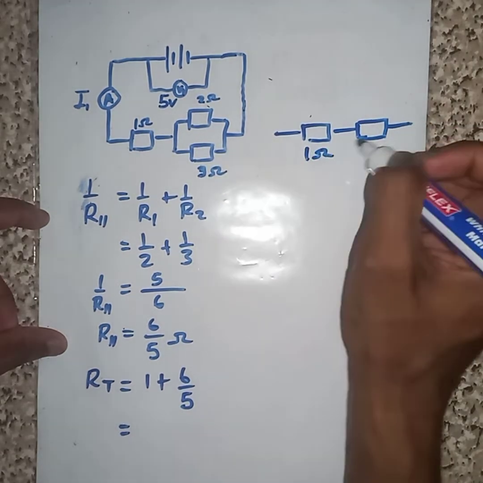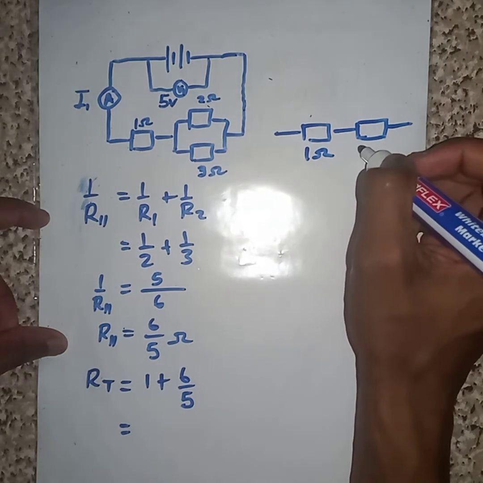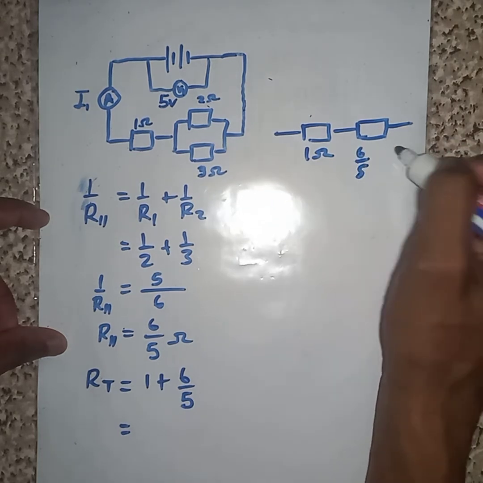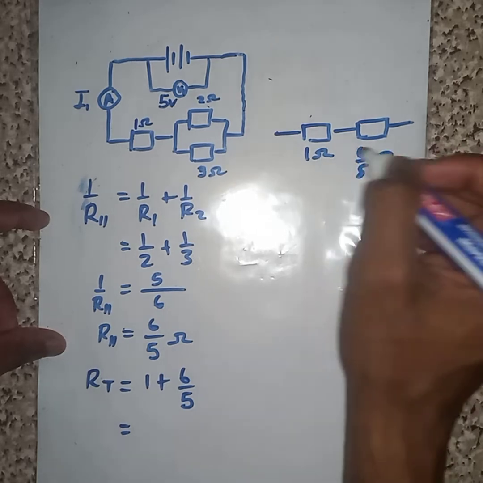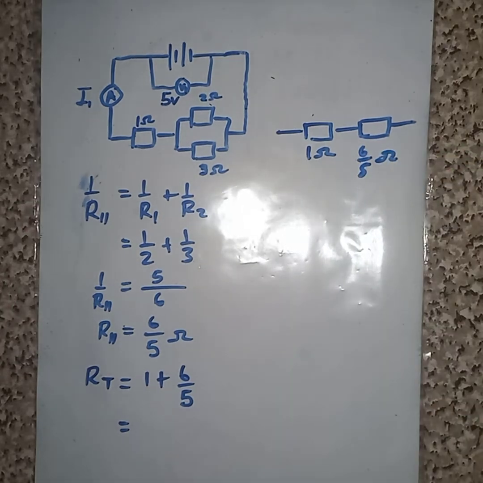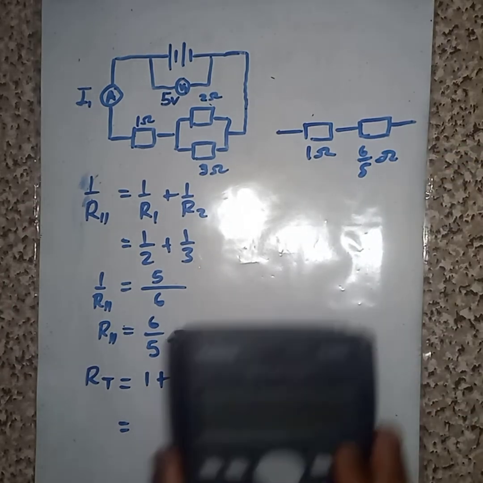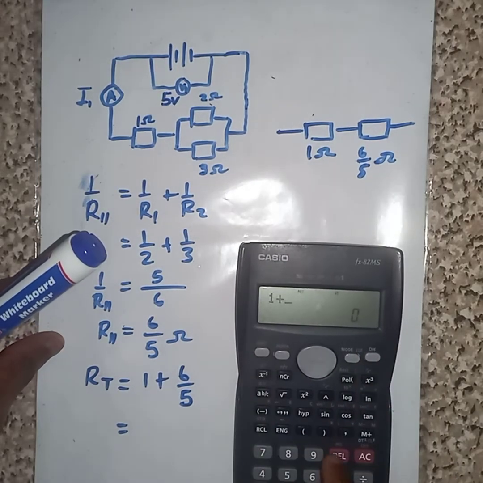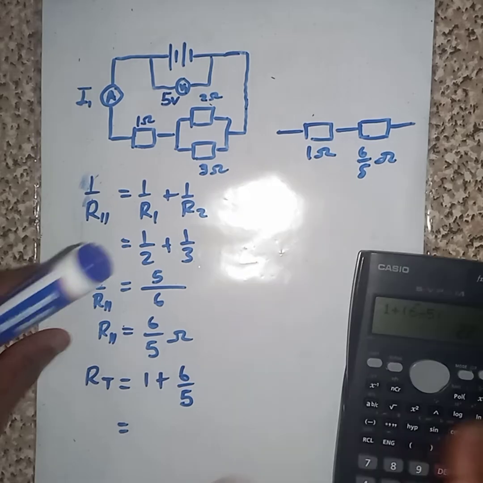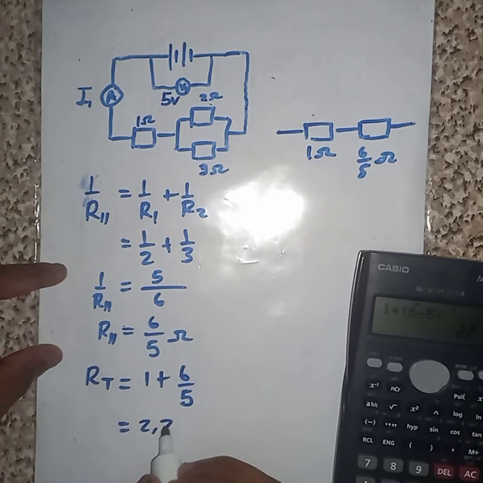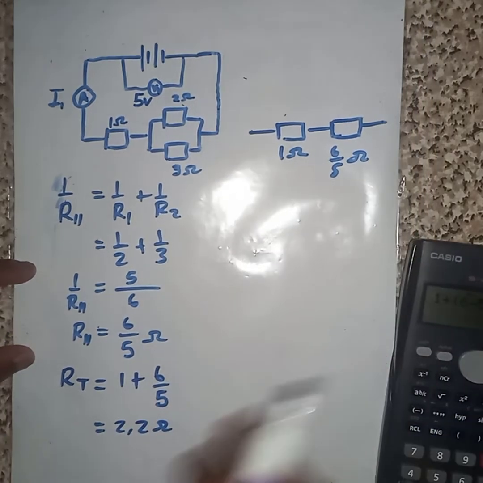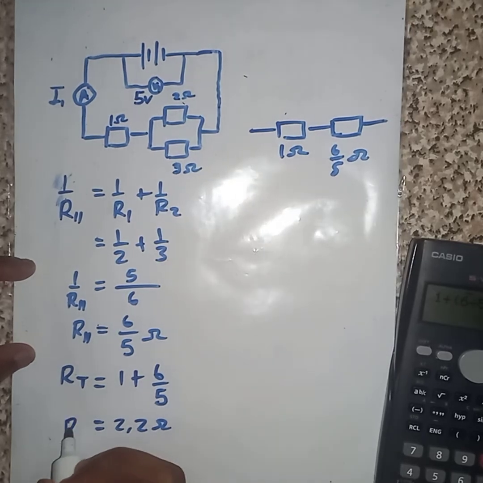We have 1, and somewhere here we have 6 over 5 ohm. The connection is more like this now. Then let us add. We are going to say 1 plus 6 divided by 5, we get 2.2 ohm. Now we have our total resistance.